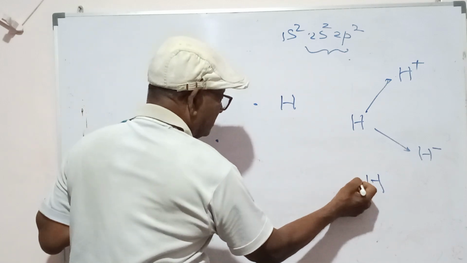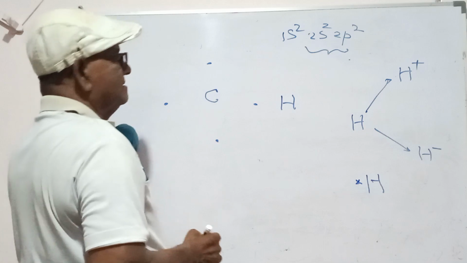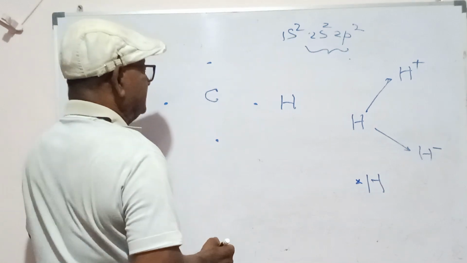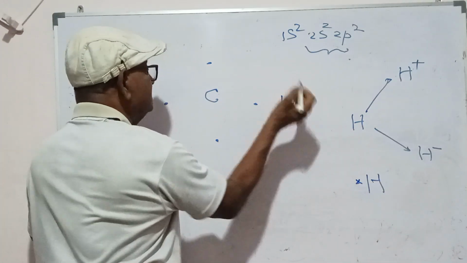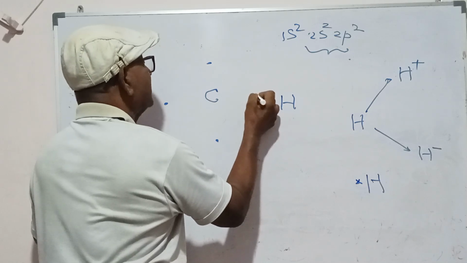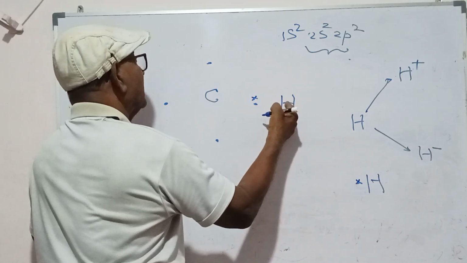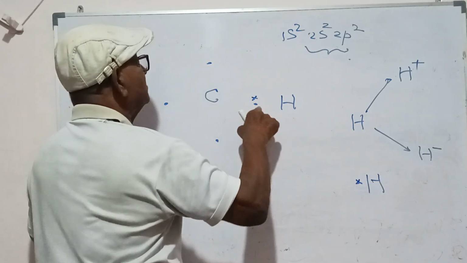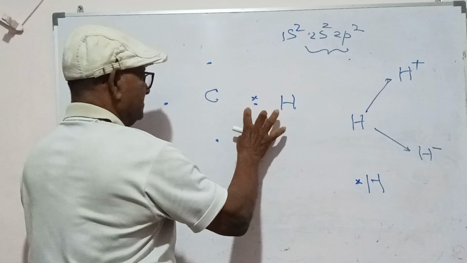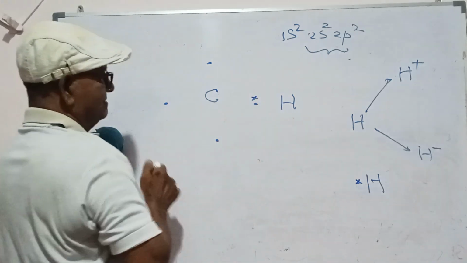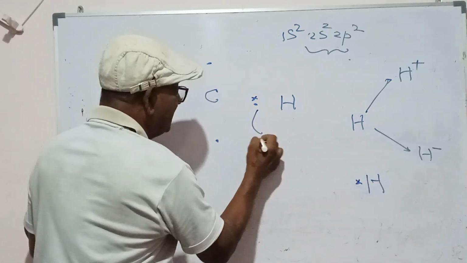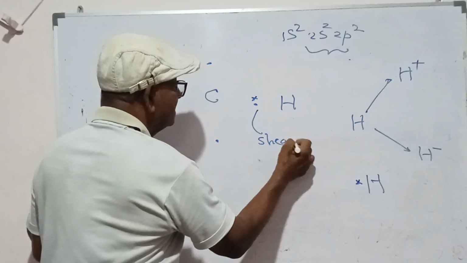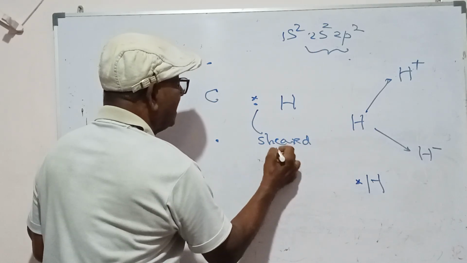If I represent the electron of hydrogen by a cross, hydrogen gives one electron and carbon also gives one electron. The shared electron pair.